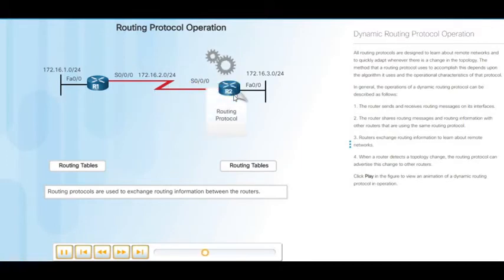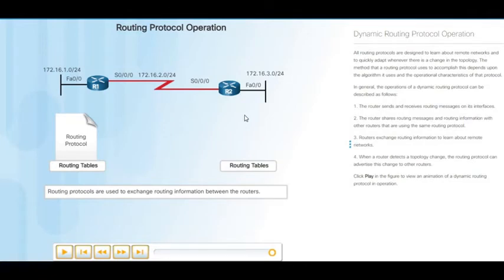R2 will receive and process that information and save it in its routing table as well. Then it will create its own update, saving its directly connected networks in that routing update, and send it across to R1 as well. That's how they exchange routing information, so that each router can learn about remote networks.